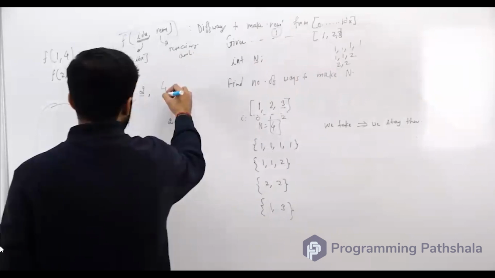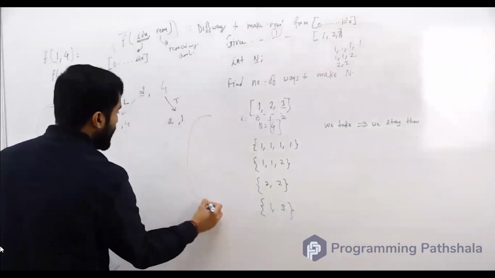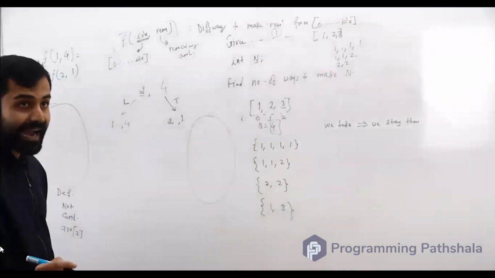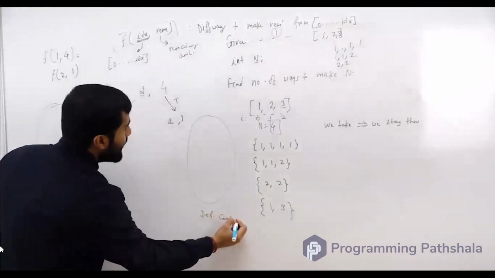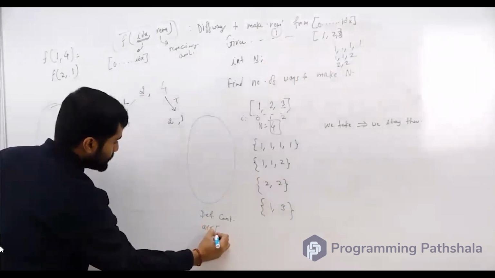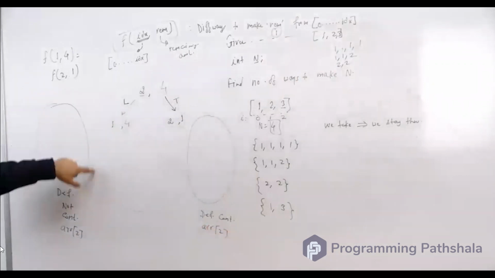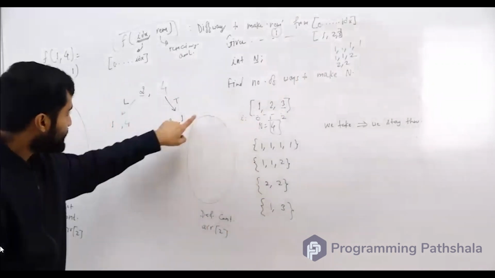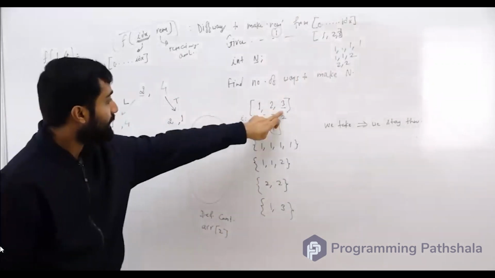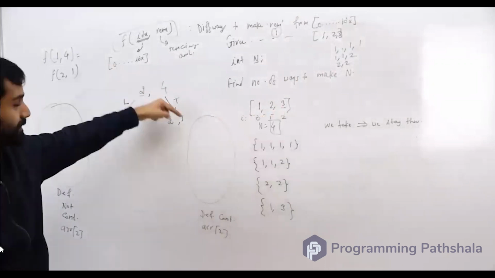And when you made this transition, all the combinations will definitely contain the last element, array of 2. This is for leave and that is for take.